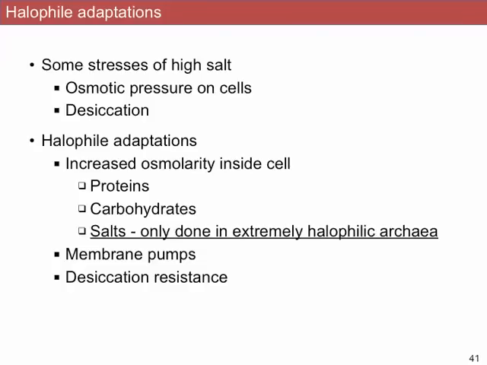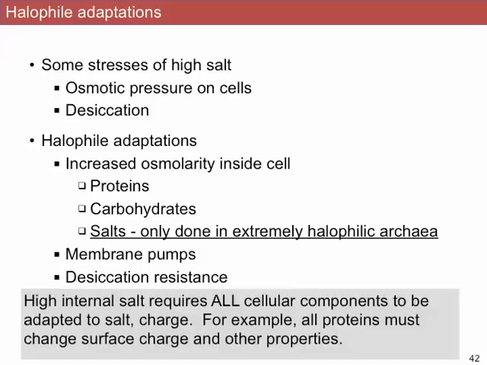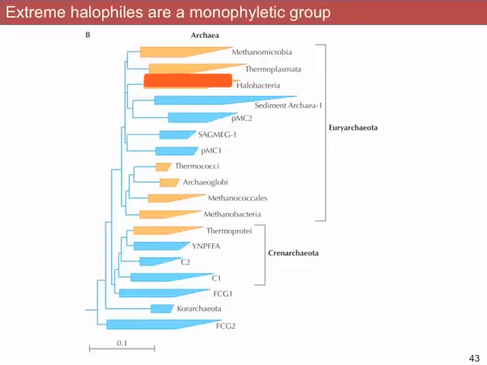What is particularly interesting in this case is that there are halophiles scattered throughout the tree of life. Many of them fill up the cell with proteins, many of them fill up with carbohydrates, but very, very few of them fill up the inside of the cell with salts. In particular, there's one clade of Archaea known as the extreme halophiles.